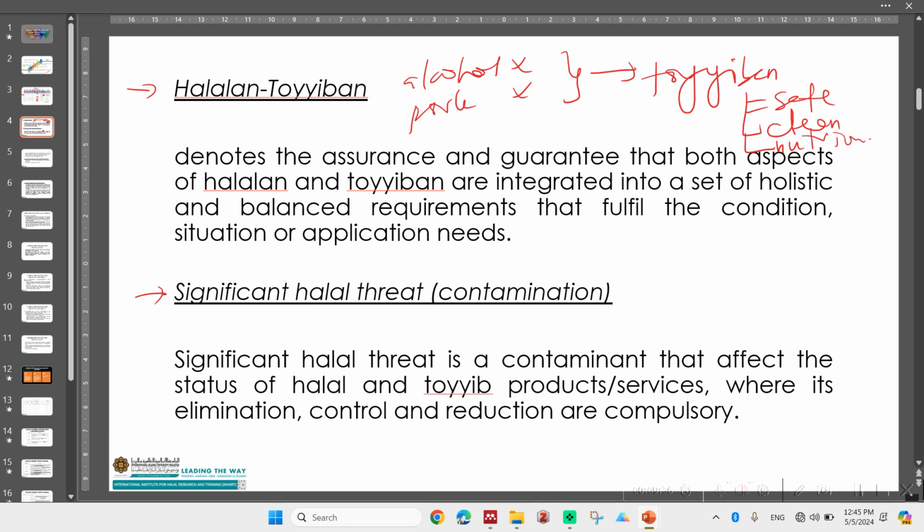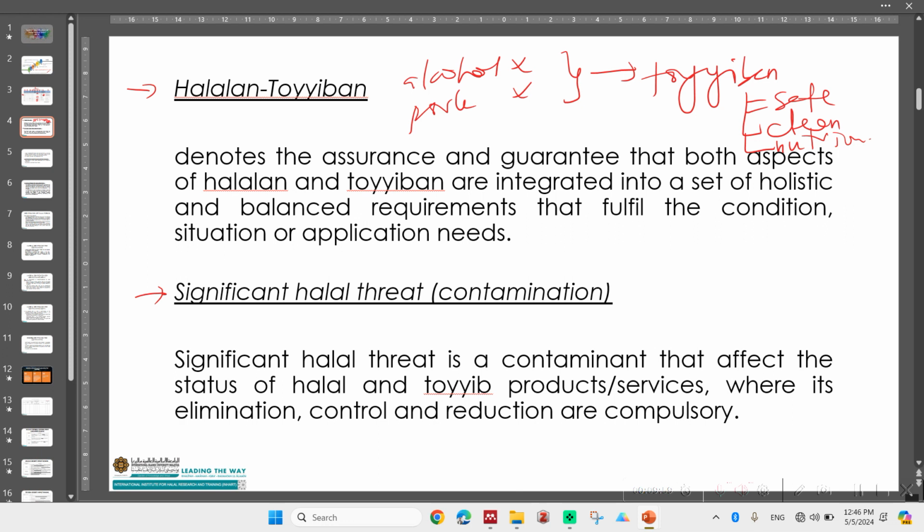Okay, so having this information, in order for us to say that our product is halal and tayyib, usually we will encounter halal threats, or we call them challenges. Those challenges we call halal threat, or in other words, sometimes pollution, or sometimes contaminant.